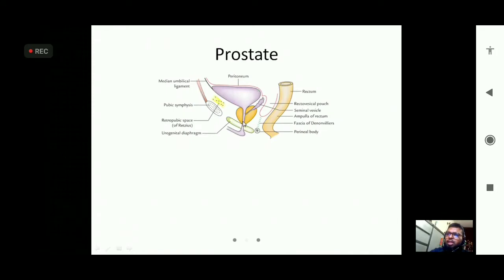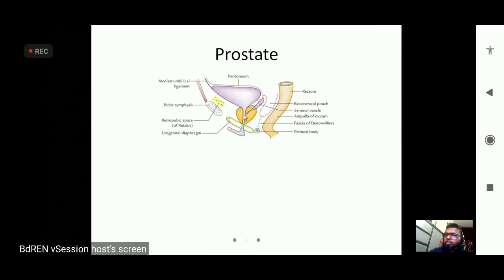From this picture you can also see that the urethra has three parts: the prostatic part, and as the urogenital diaphragm consists of two membranes, the membranous part. The rest of the urethra, which passes through the penis, is called the penile or spongy part of the urethra.